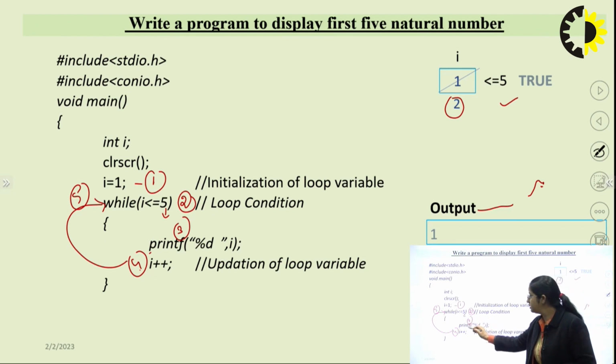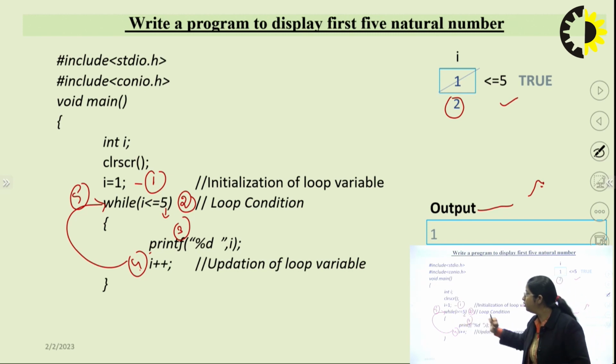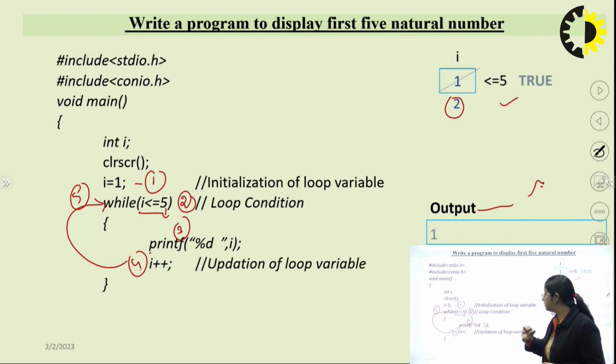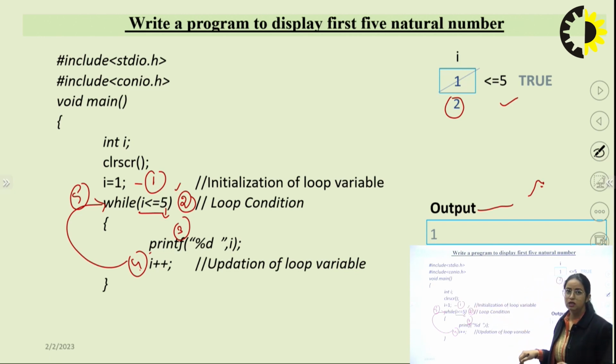Then fourth is updation, and then this will be repeated up to whenever the condition given here fails. When the condition fails, we stop here.